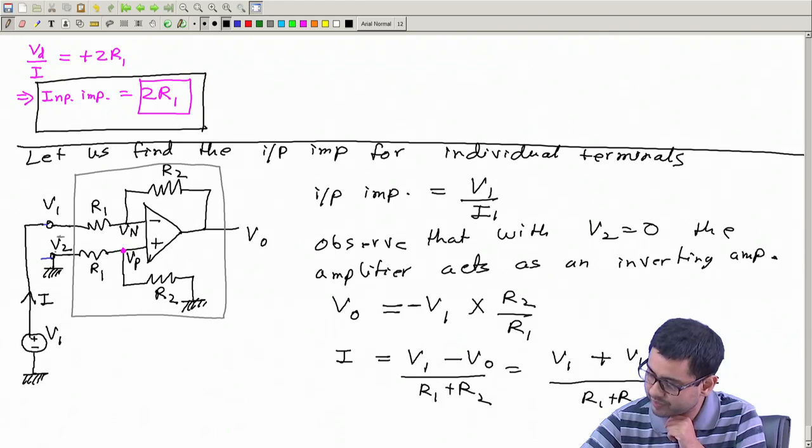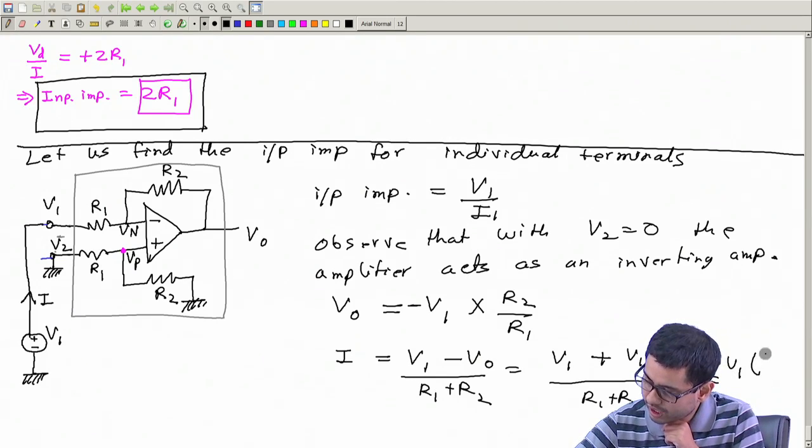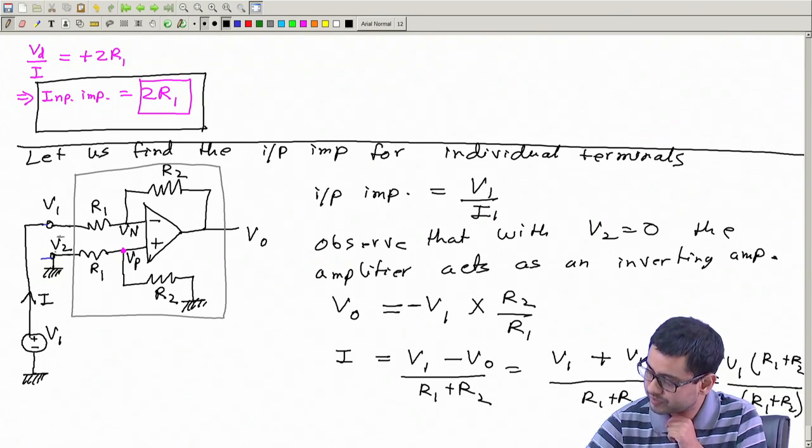This will become V1 multiplied by R1 plus R2, divided by R1 multiplied by R1 plus R2. So, this will be equal to V1 by R1.